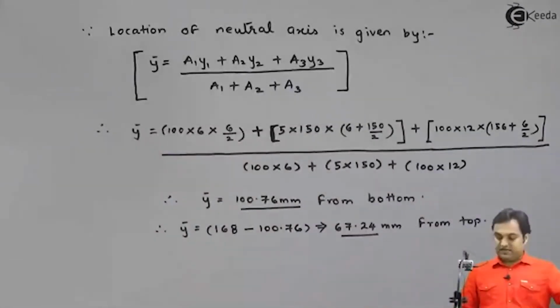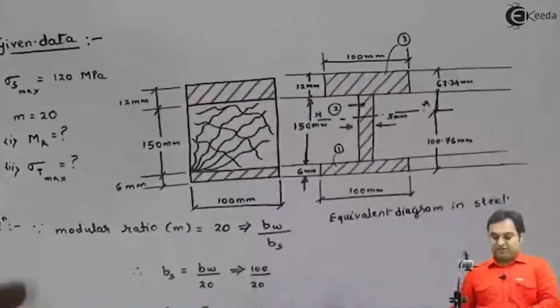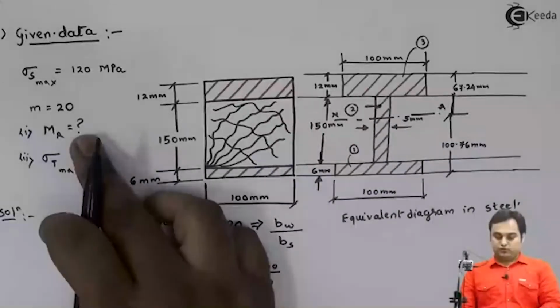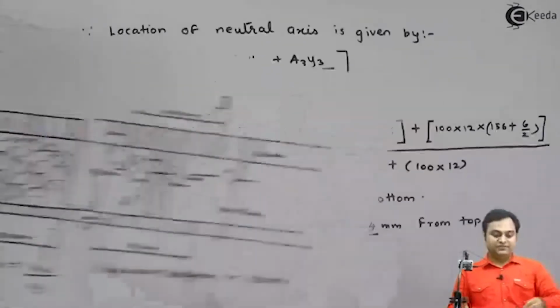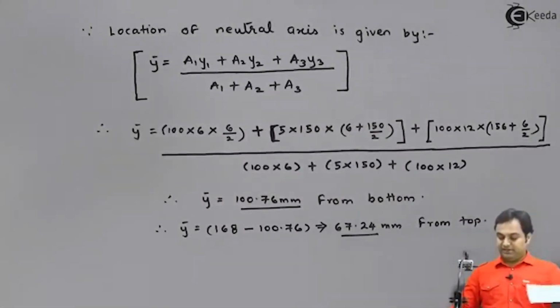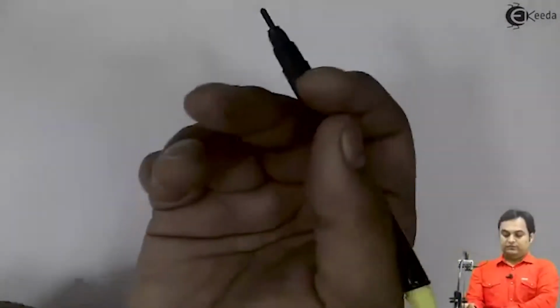Now after this, I see the first question. Here we have moment of resistance. So I would be writing how to get moment of resistance. After getting y bar, we can write moment of resistance using the flexural formula.